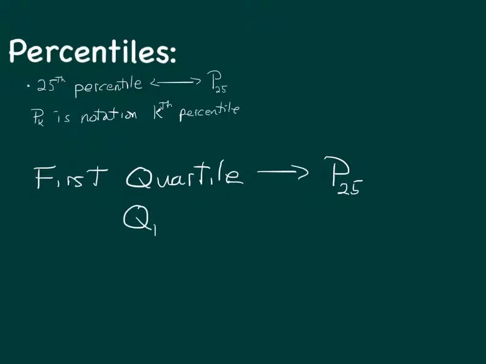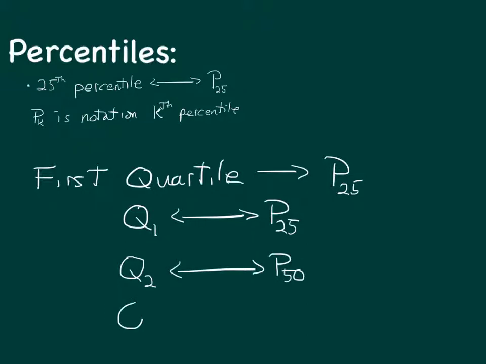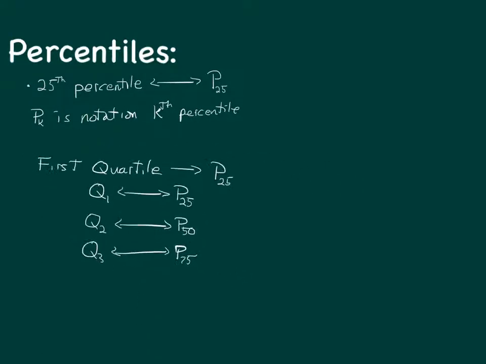The notation for the first quartile is usually Q1, but we know it's exactly equivalent to P25. So the first quartile is the 25th percentile. The second quartile is the same thing as the 50th percentile, or the median, and the third quartile is the 75th percentile. So it's important to know these as well.